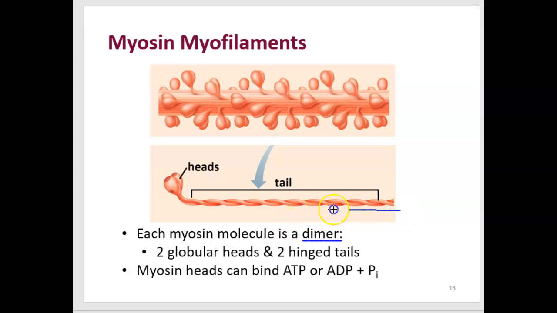The tails are coiled together, and then the myosin protein has these two heads. We call them globular heads. Now these heads can bind actin, which they will do during muscle contraction. And they can also bind ATP or the breakdown products of ATP. So myosin is the one that has the heads, the globular heads.